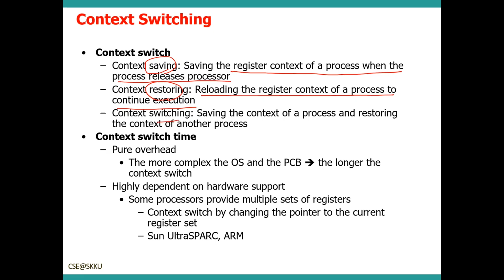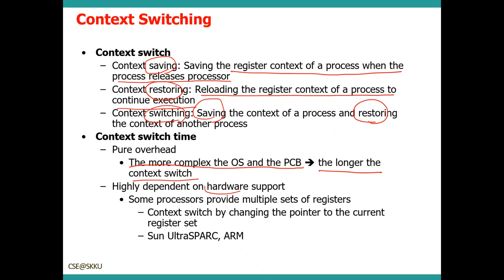So context switching includes the saving operation and the restoring operation. Context switching time can be an overhead. Generally, the more complex the operating system and PCB are, the longer the context switch will be, because more data must be saved into memory.